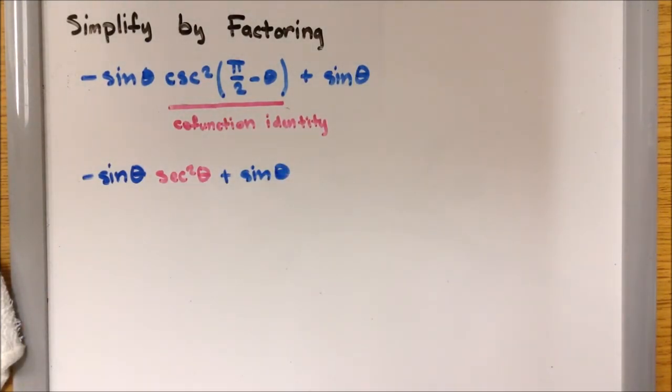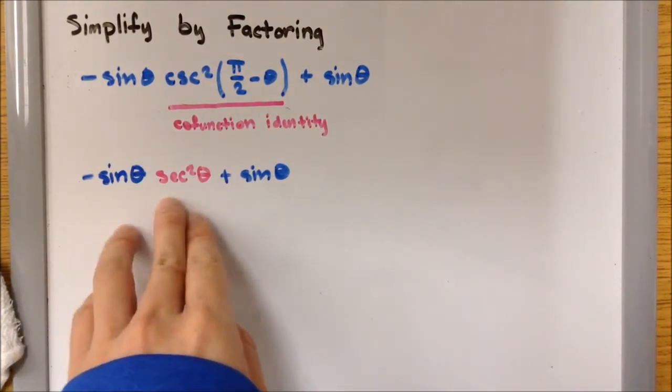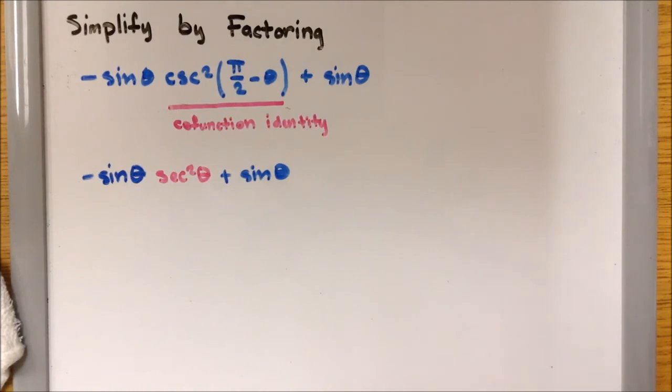Alright, so now we have negative sine theta secant square theta plus sine theta.